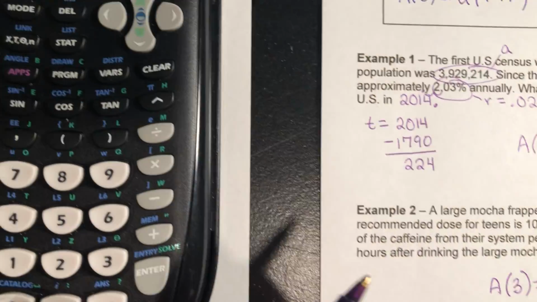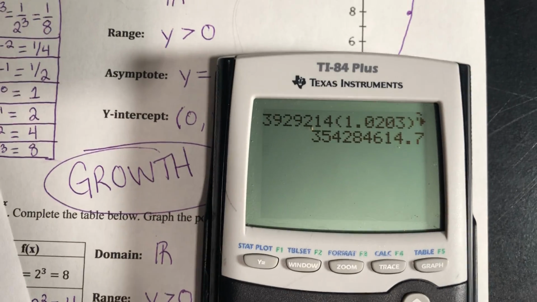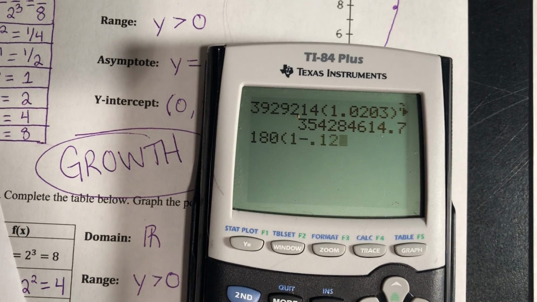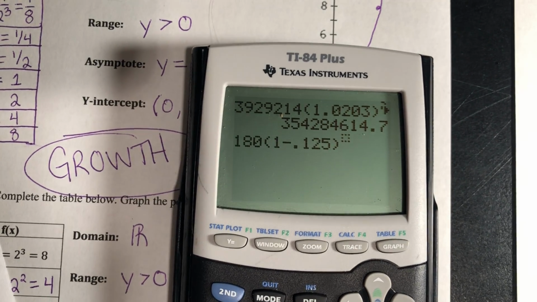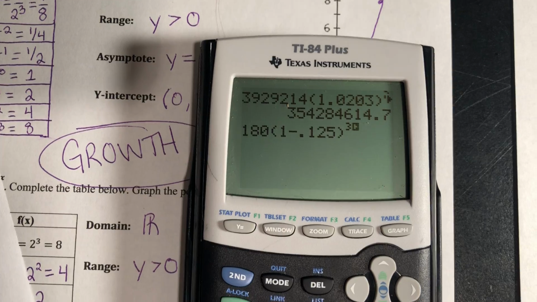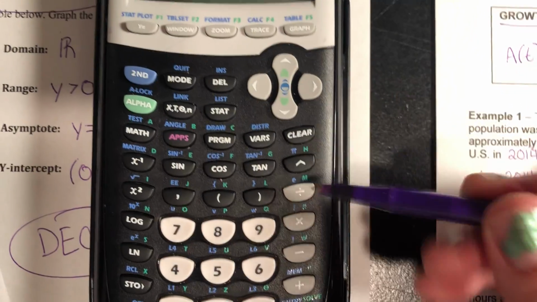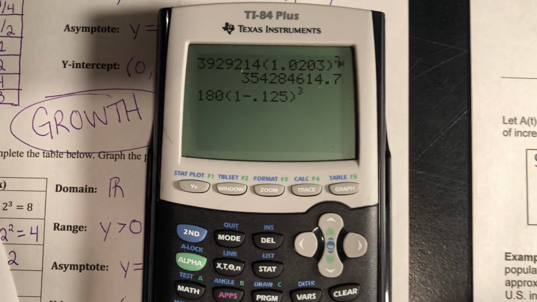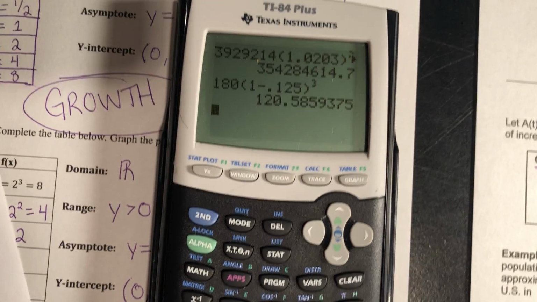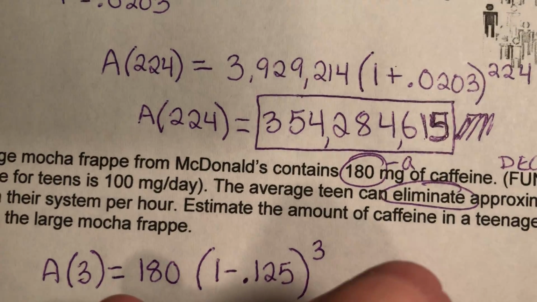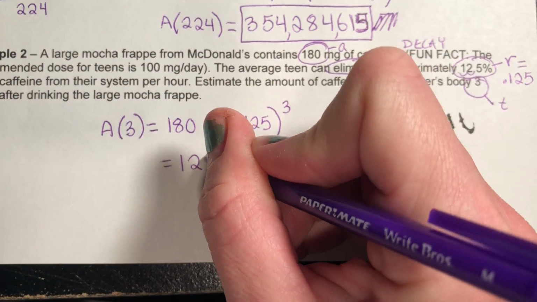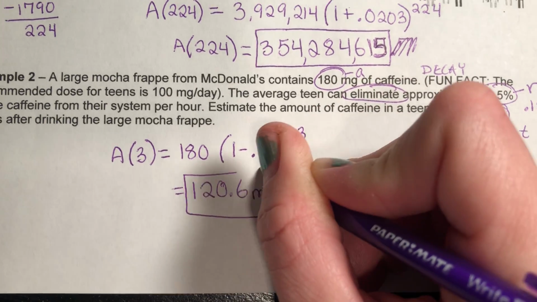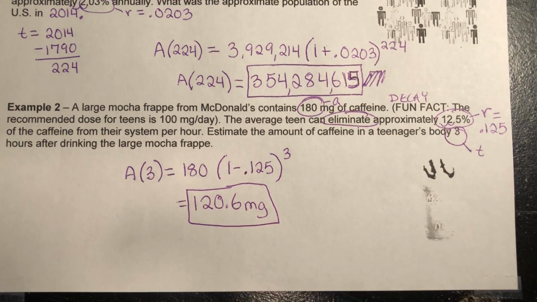Again, we're going to come over to our calculator and do 180 times 1 minus 0.125, all raised to the 3rd power. And again, you use this little caret key right here to get that power up there. Click enter, and you get about 120.6 milligrams. All right, and there we go, folks.